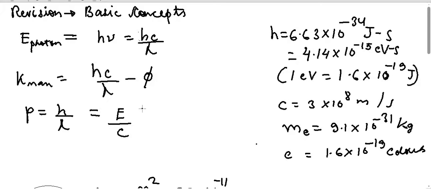So for the photoelectric effect as well as the Bohr's model, if I want to summarize the basic underlying concept in one sentence, then that concept would be conservation of energy.